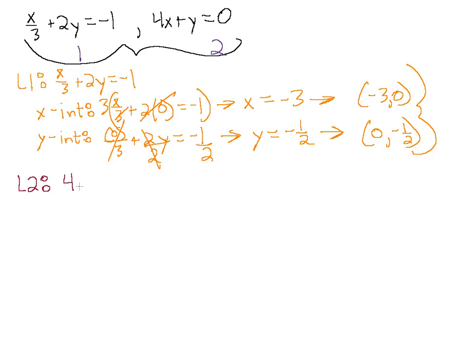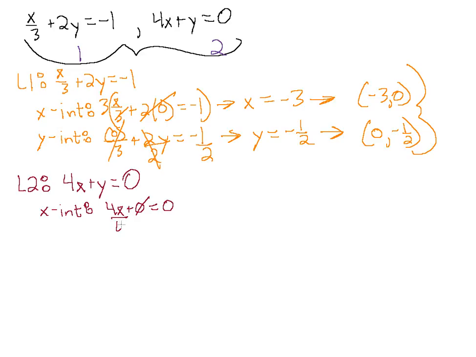Line 2 is given by the equation 4x plus y equals 0. To find the x-intercept, we need to plug in 0 for y and solve for x. So we have 4x plus 0 equals 0. This one's going to be pretty simple. We can divide both sides by 4, and anything 0 divided by 4 is just 0.